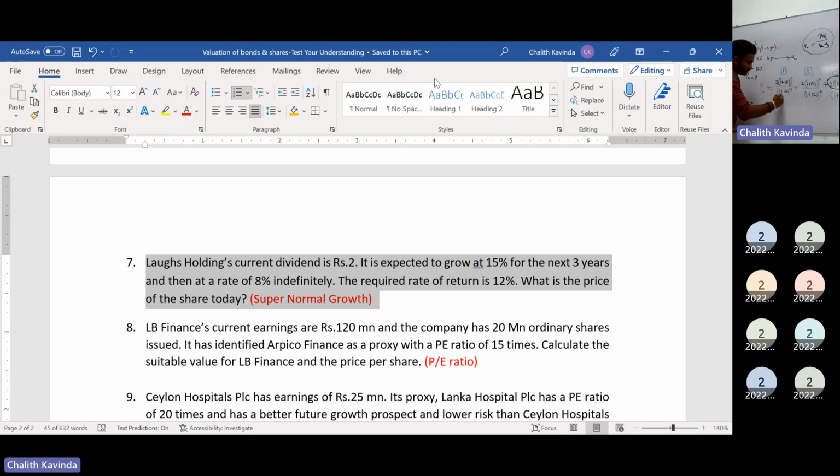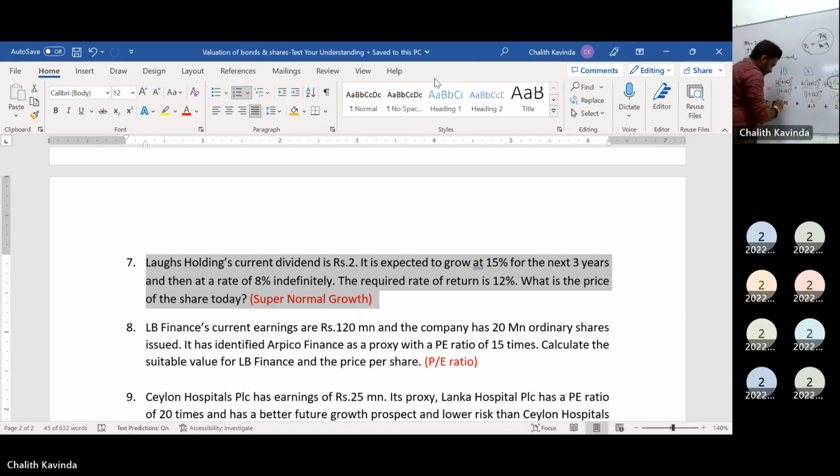Then you have to calculate the present value of each of these cash flows. For year 1, what is the value? 2.05. For year 2, 2.1. And for year 3, 2.16.